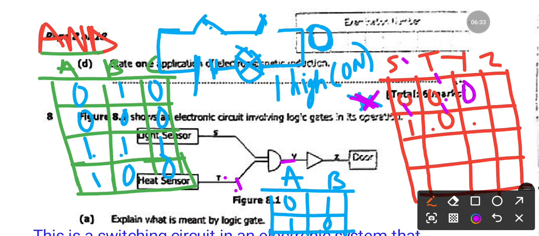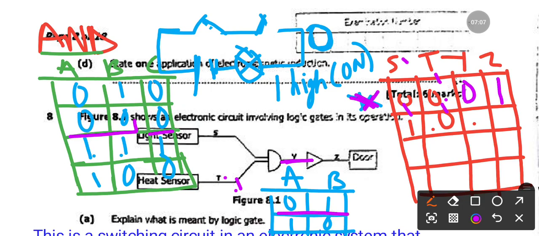If you check, 0 0 gives 0 output for an AND gate. Then at Z, since this gate in between here is a NOT gate, and we have established that the NOT gate acts as an inverter, if Y is 0, then the NOT gate would flip this value to being 1. If you check here.